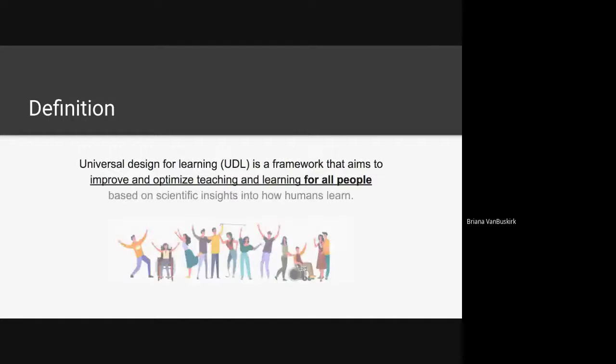So by definition, UDL is a framework that aims to improve and optimize your teaching for all people. I bolded all people because that's the underlying message of UDL: you want to accommodate all of your students and all of their different learning needs, because all students are different. This is based on scientific insights on how we learn.